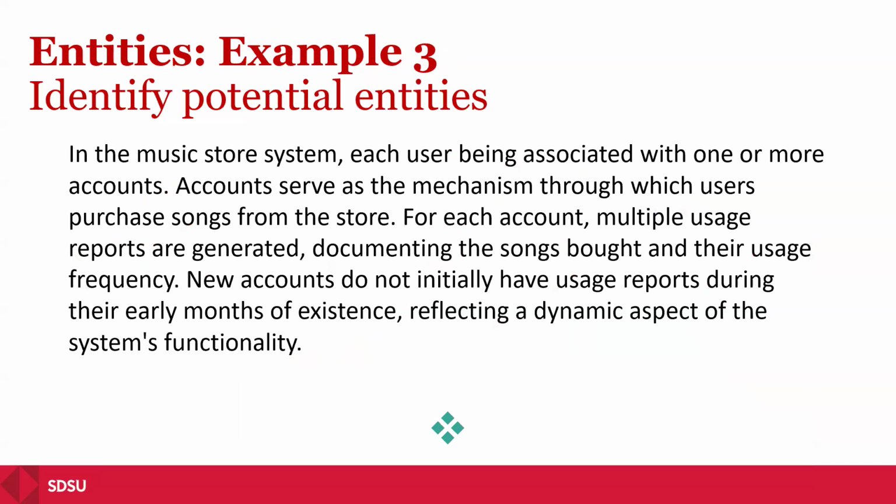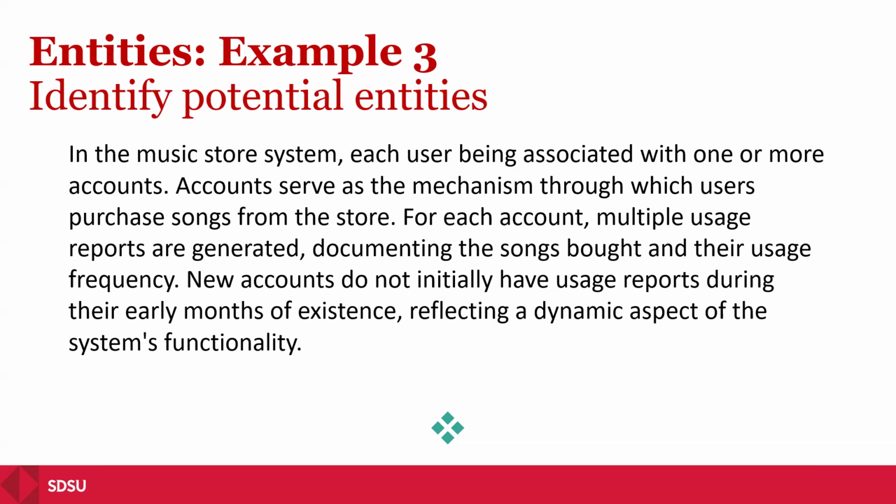Let's try another example. Let's look at this scenario and try to identify what can be potential entities for an entity relationship diagram. We have a music store, and each user is associated with one or more accounts. Accounts are mechanisms through which users purchase songs through the store.